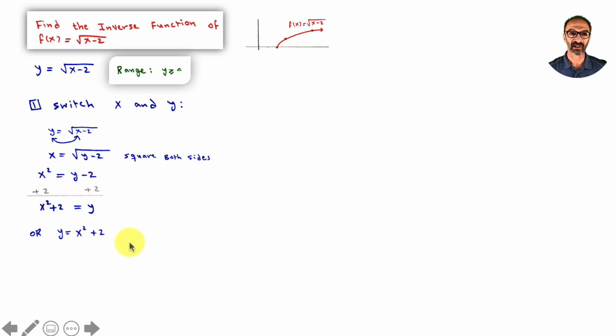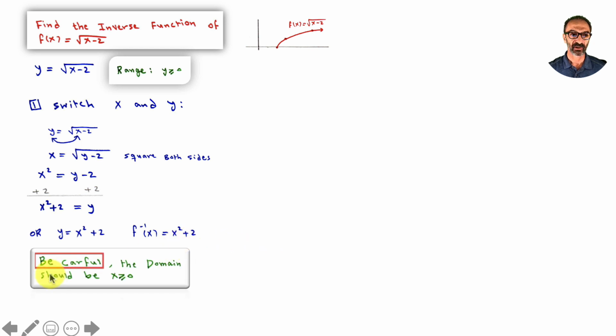Now this is an inverse function, so we're going to call it f inverse. But if you graph this without paying attention to the domain, this is a parabola that opens up, shifted up 2 units, that has both sides, right and left. Be careful.